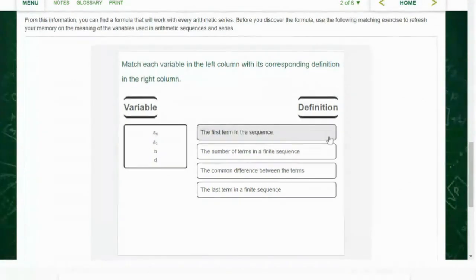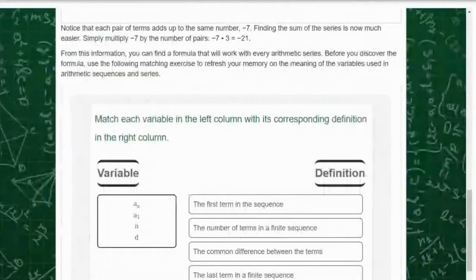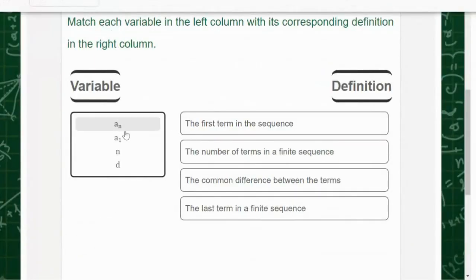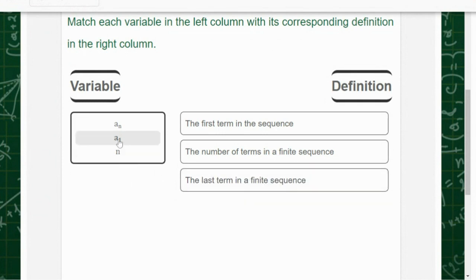Oh, this is where we have to know our vocabulary. Let me make this bigger on the screen, because we're going to look at the terms. A sub n, A sub 1, n, and d. Right? This is the same terms we were using last week with the arithmetic sequences. So d, we know, is the common difference. So just a good refresher of what our terms are. A sub 1, we know what A sub 1 is.